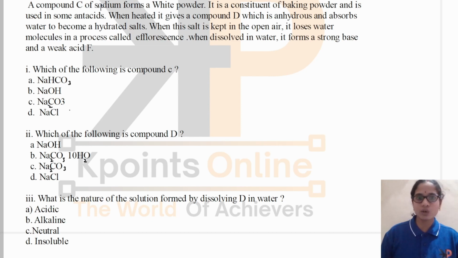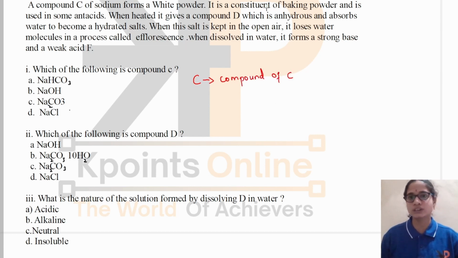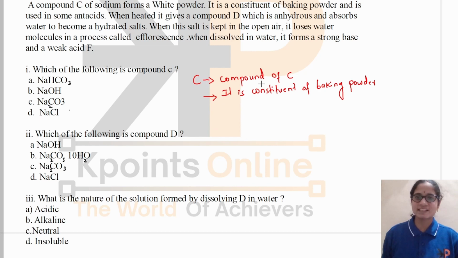A compound C of sodium forms a white powder. What is C here? C is a compound of sodium. Again, the hint they have given is that it is a constituent of baking powder. So by seeing this only we can understand the constituent of baking powder is sodium hydrogen carbonate, that is sodium bicarbonate, and it is also white in color, and also it is mentioned that it is used in some antacids.